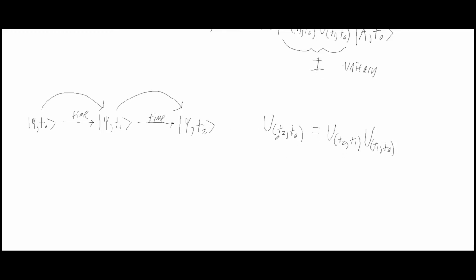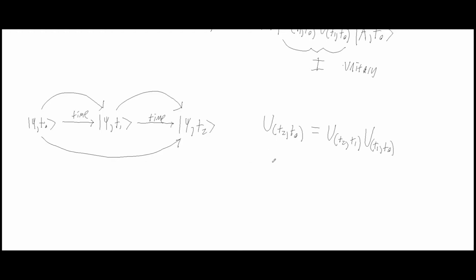And so we're saying that going from here to here is the same as going from here to here and then here to here. When we go from here to here, we sort of pass through this state, but we're saying that we're composing these. That's why it's called the composition property.